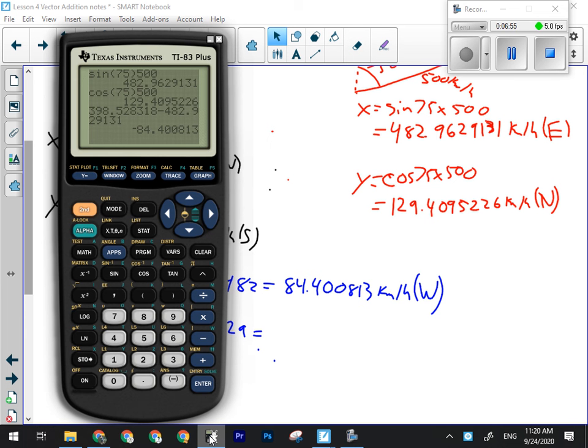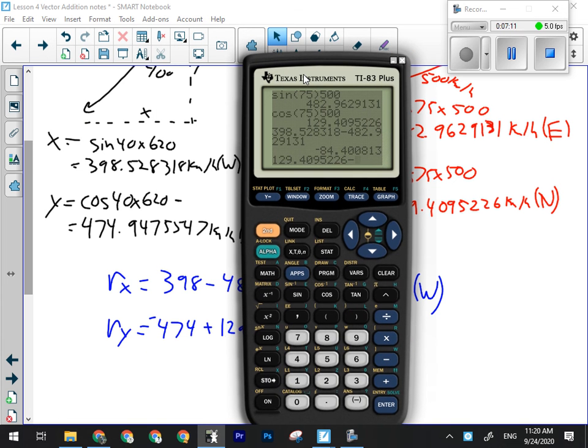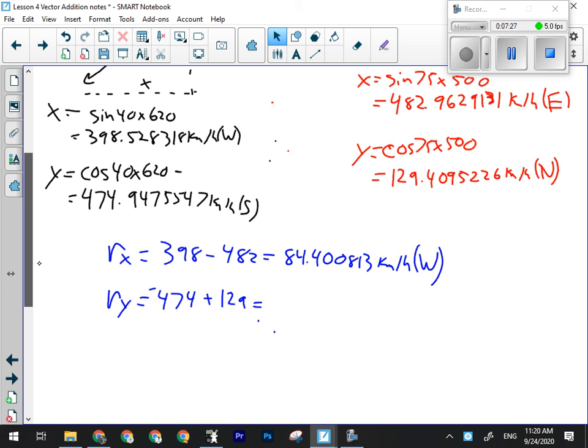So I'm going to have 129.4095226, that's north, minus south, which was the 474.947547. All right, so I end up being quite a ways south, 345 kilometers per hour south.